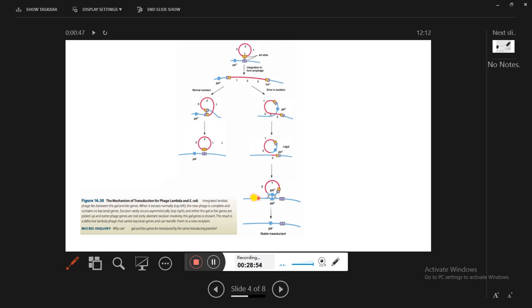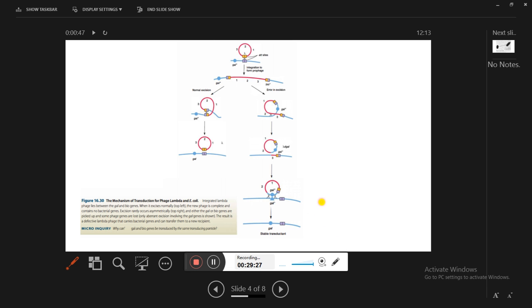When the phage infects another bacterium that does not have genes for galactose utilization, then galactose positive genes from the fast genome are transformed or transduced into the galactose negative cell, and stable transduction is attained, and now this recipient bacterium is converted from galactose negative to galactose positive. Okay, this is known as stable specialized transduction.